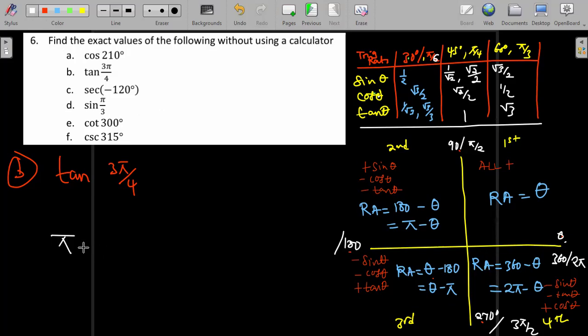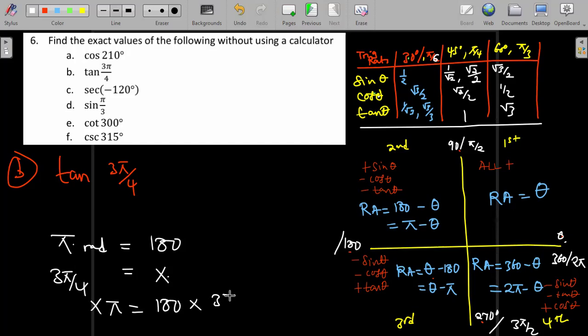So we know that pi radians are equal to 180. So what if I have 3 pi over 4? What would be my degrees? Okay, so here, this multiplied by this, I have x pi is equal to 180 multiplied by 3 pi over 4.